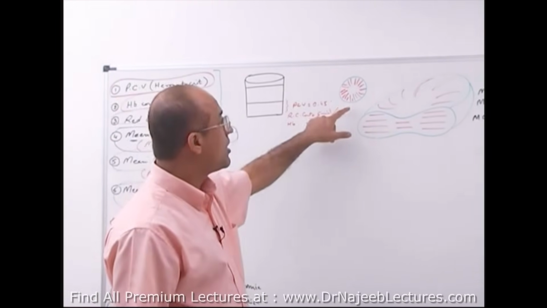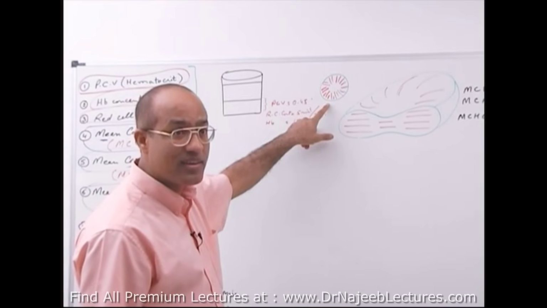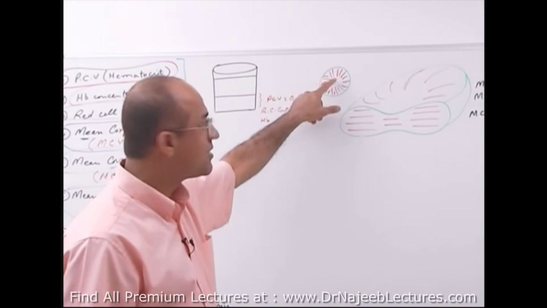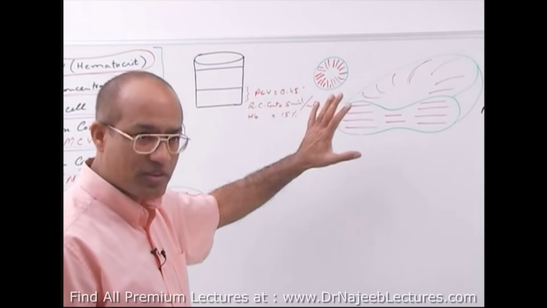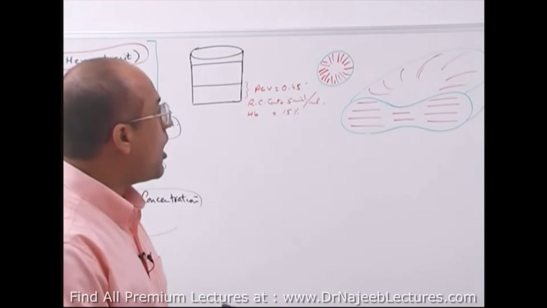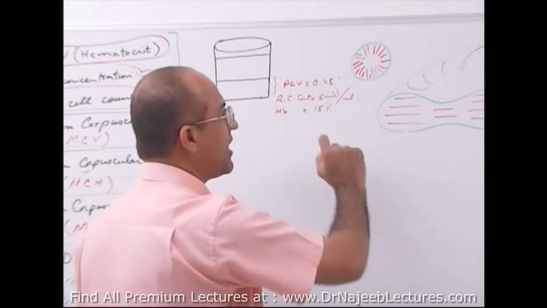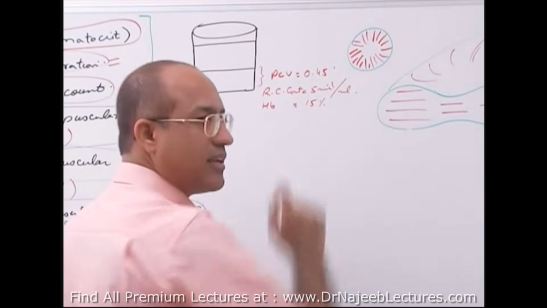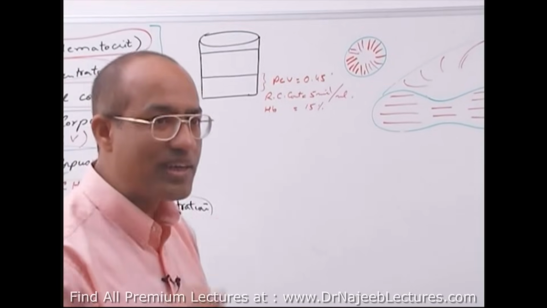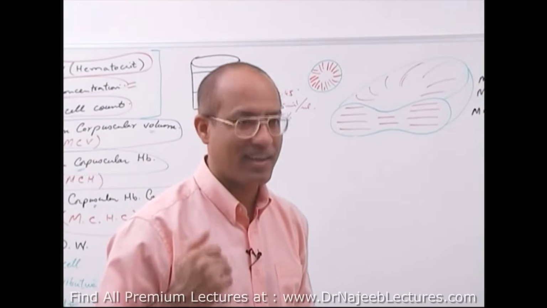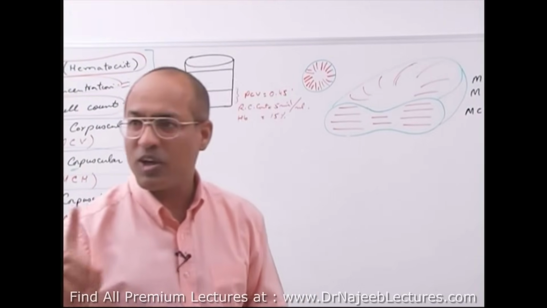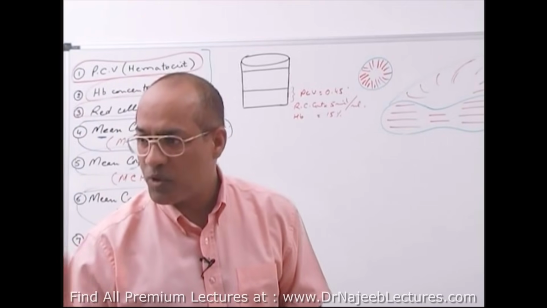If it is normally filled, how much should be the pallor? Central 1/3 area. Now, such a red blood cell is said to be of normal color. And when it is normal color, we call it normochromic.